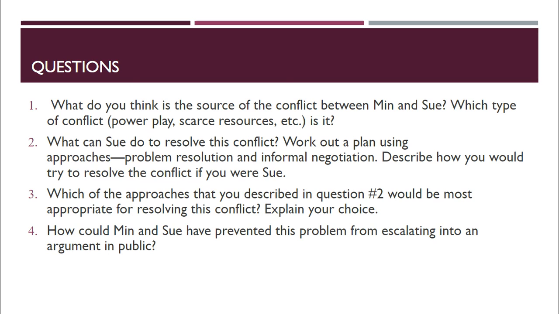And then describe how you would try to resolve the conflict if you were Sue. Which of the approaches that you described in question number 2 would be most appropriate for resolving this conflict? Explain your choice. And then how could Min and Sue have prevented this problem from escalating into an argument in public? And to be honest, my thought on that is early intervention and communication.